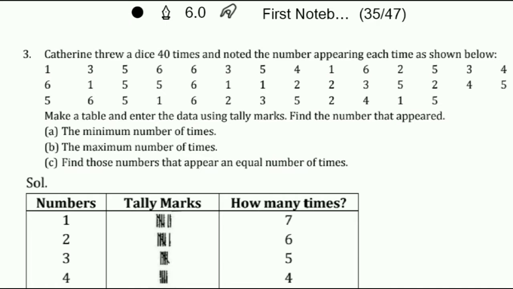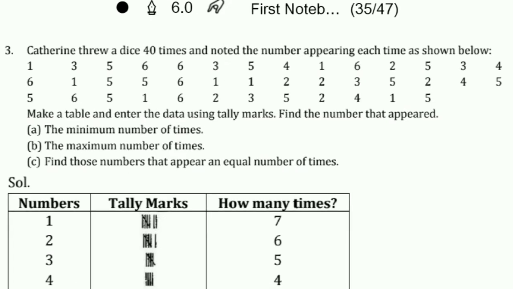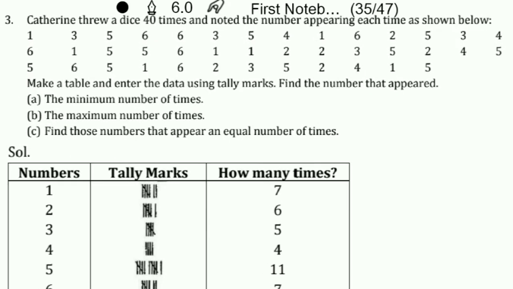Catherine threw a die 40 times and noted the number appearing each time as shown below. So she has recorded all the numbers like this. So first we have to prepare the tally table. How many times 1 has come, then 2, then 3, then 4, then 5, then 6, like this.